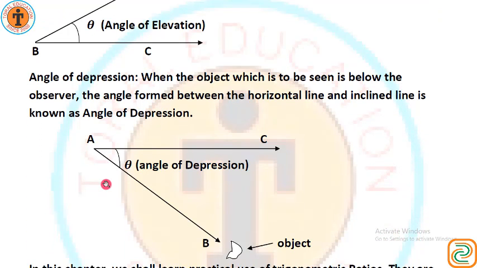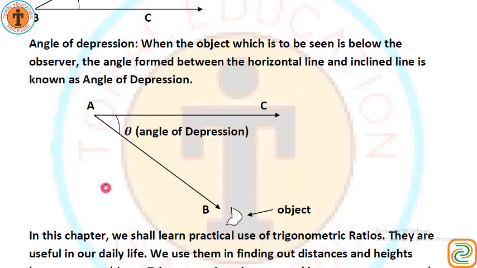Now, angle of depression, another thing. When the object which is to be seen is below the observer, the observer is at A and the object is at B. So this is below.